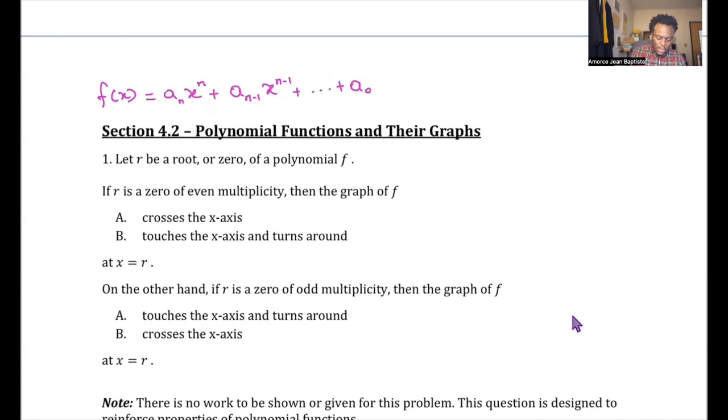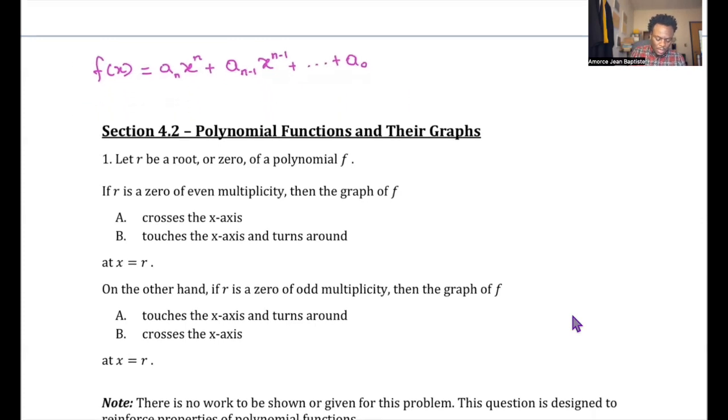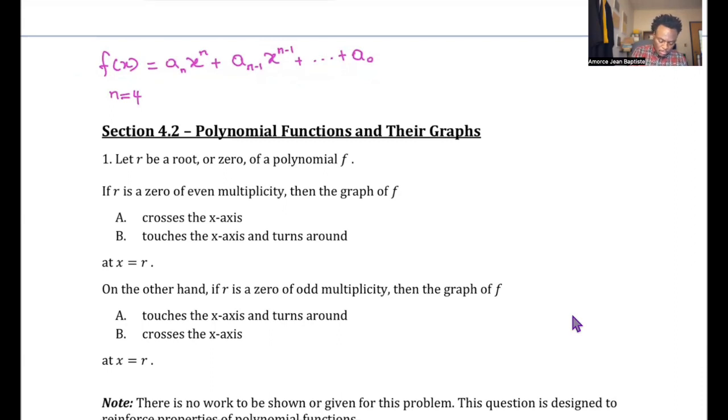Let me give you a quick example. Remember the quadratic functions are also polynomial functions. The degree is 2. But in this section, we will extend the conversation over every polynomial function.